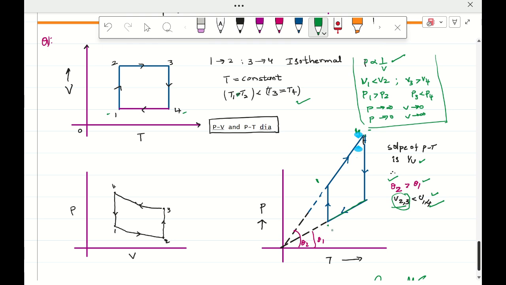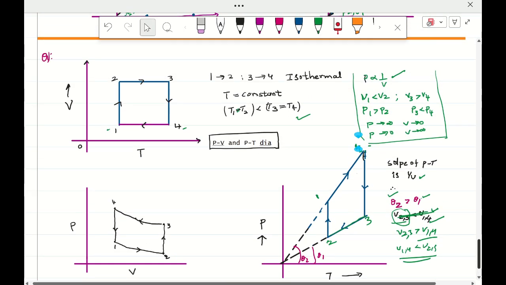The more value is here, 2 and 3. So V2,3 is greater than V1,4. The 2,3 points represent theta 1 and the 1,4 points represent theta 2. Theta 2 is more means V1,4 is less than V2,3. No need to be confused, I have given clarity. Thank you all, everybody.